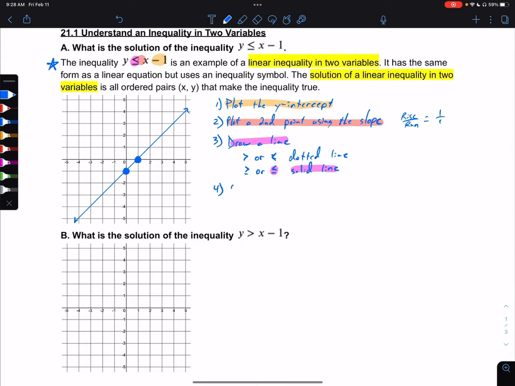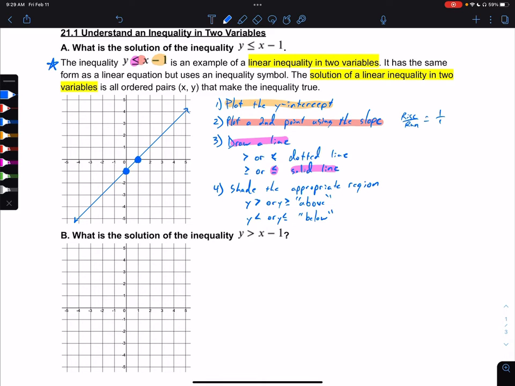So step 4, we shade the appropriate region. Something like greater than or greater than or equal to is above, and y has to be on the left in this case to follow this rule.